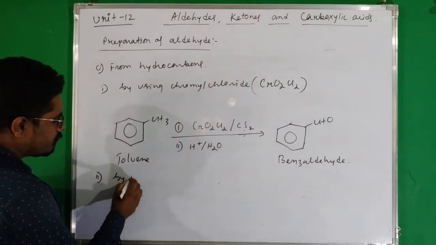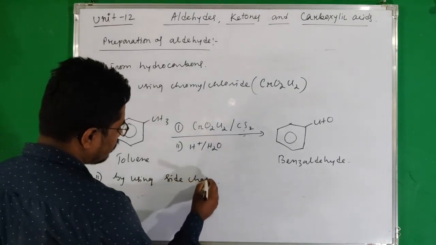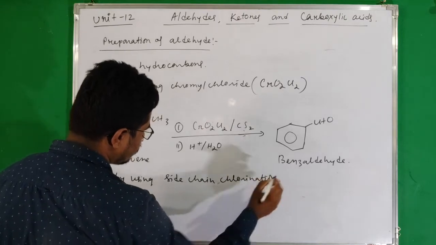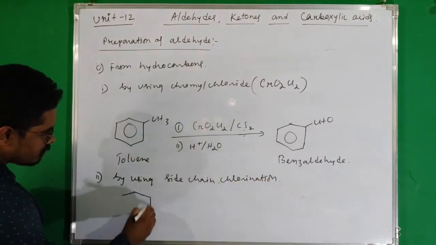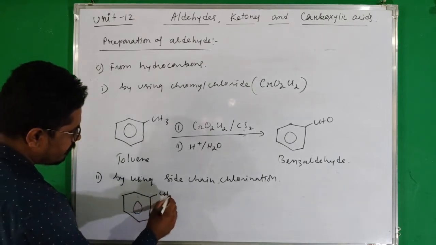In the next reaction, we will prepare benzaldehyde by using side chain chlorination. Suppose we have again toluene.